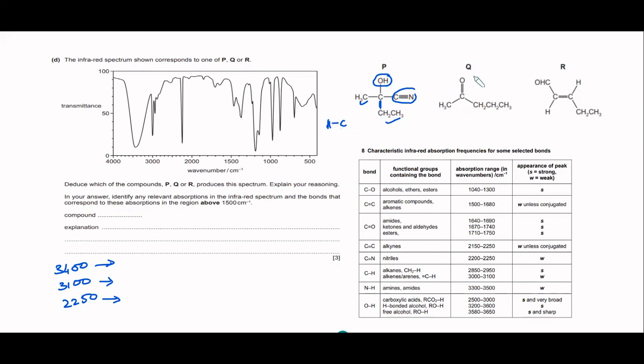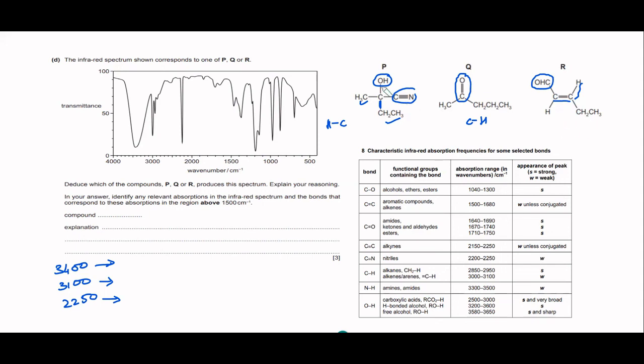Now coming to Q, a CC bond is there, a C double bond O carbonyl bond is there, and of course a CH bond. Coming here we again have a C double bond O carbonyl, then a C double bond C, and a CH bond on the C double bond C and a CH bond on a singly bonded carbon atom.